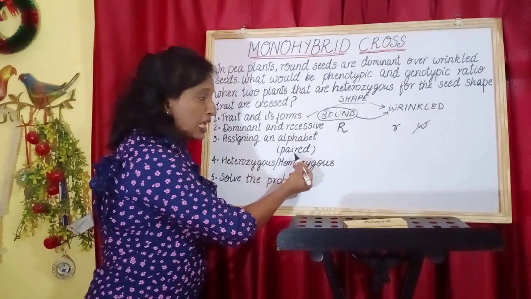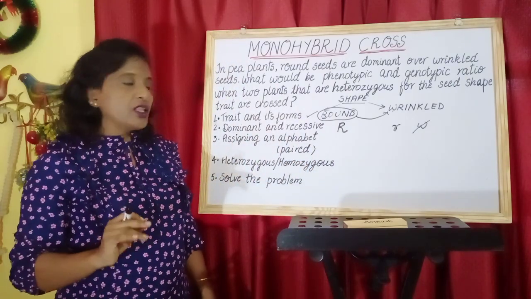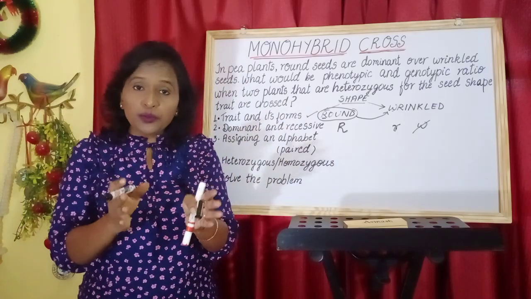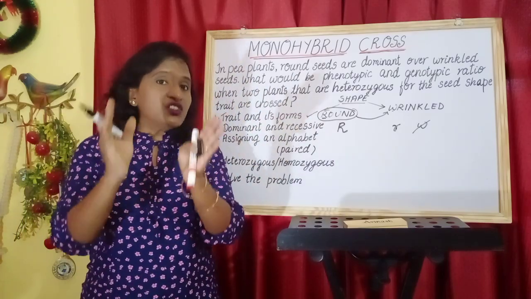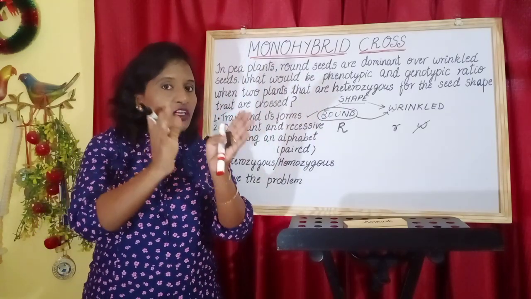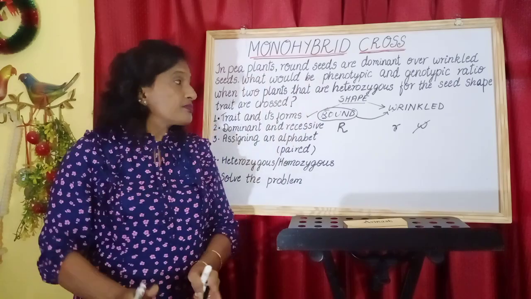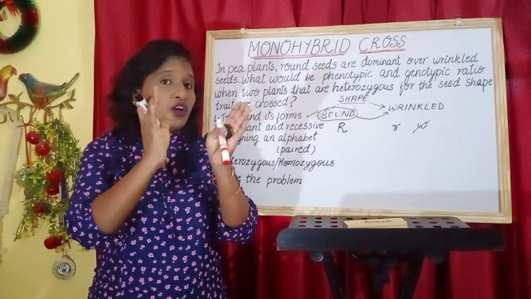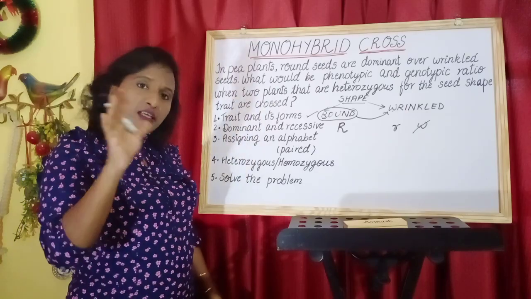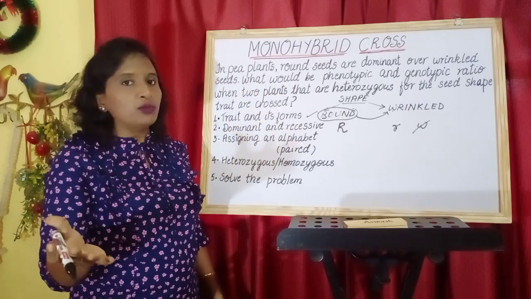Now, the alphabet should be paired. Why is it so? Because on the homologous chromosomes, there are paired genes or paired alleles. Each gene we call an allele also. So, in the diploid organism, we know that there are homologous chromosomes.